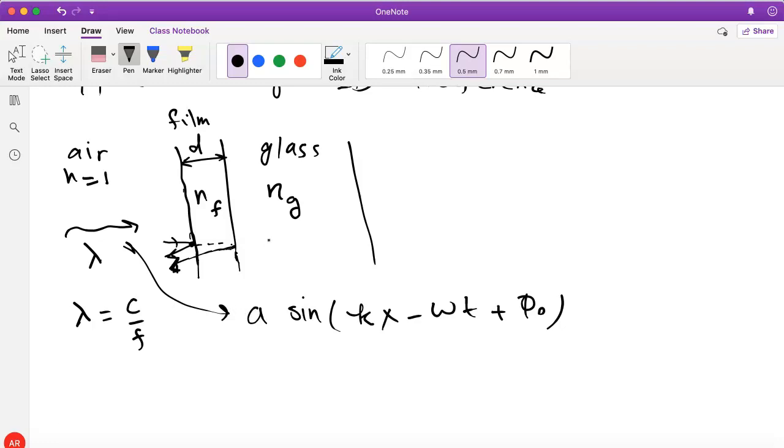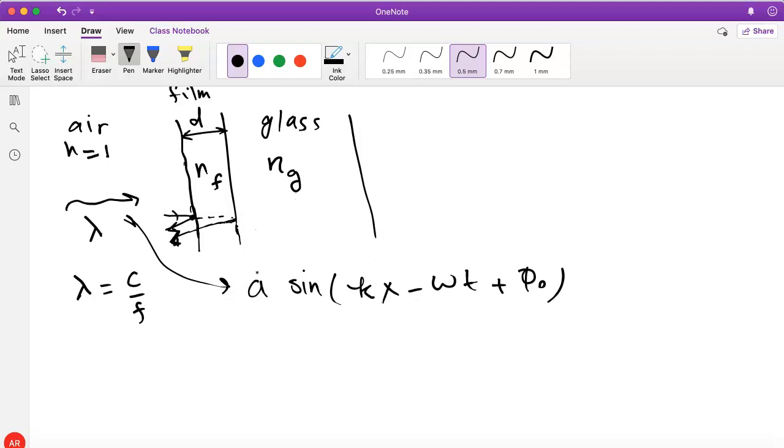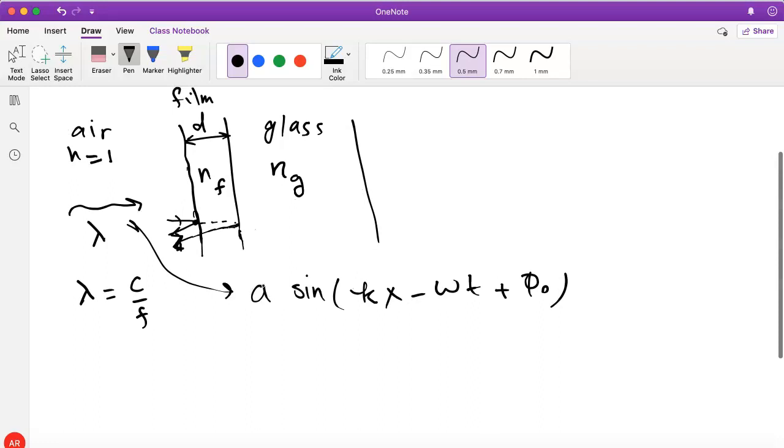We have to see how the phase, the argument of the sine, changes as the light travels, and then what is the difference between the phase for the wave being reflected from the first interface and the wave being reflected from the second interface.